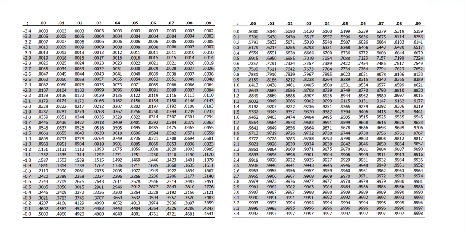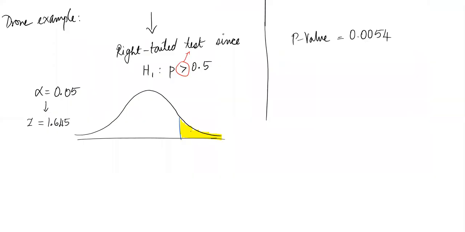Because it's right-tailed, you expect your z value to be positive. I'm just jumping here and there, I'm so sorry. This is 0.05, that area. If that area is 0.05, and you go to the table, the table gives you the cumulative area from the left. So that has to be 1 minus 0.05.